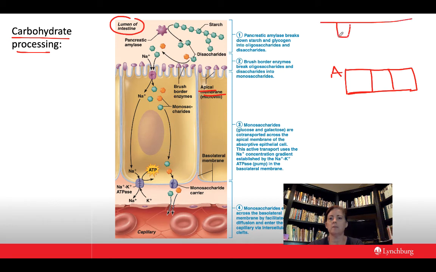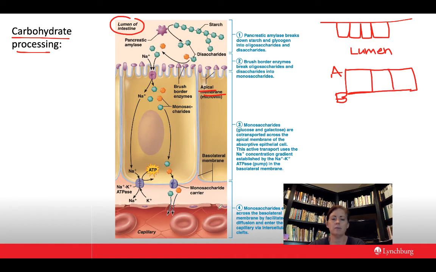Maybe these would be the cells on the other side of the intestines, and so this would be the lumen of the intestines, right? The apical surface of the cell faces the interior of the lumen, and the basilar or basolateral surface of the cell is going to be anchored at the bottom, typically on a basement membrane.